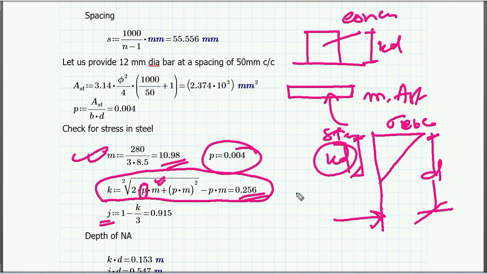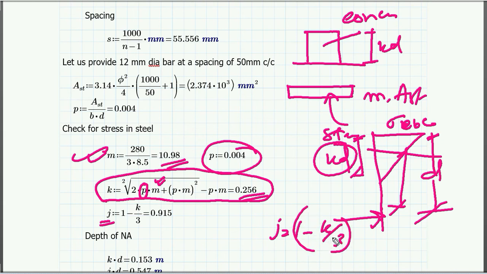And what is j? j basically is the coefficient for the lever arm. So j is given by 1 minus k by 3. So you can find out j, and jd is the lever arm. If you remember, you can go through the working stress method of design from the previous semester, and then you will understand.